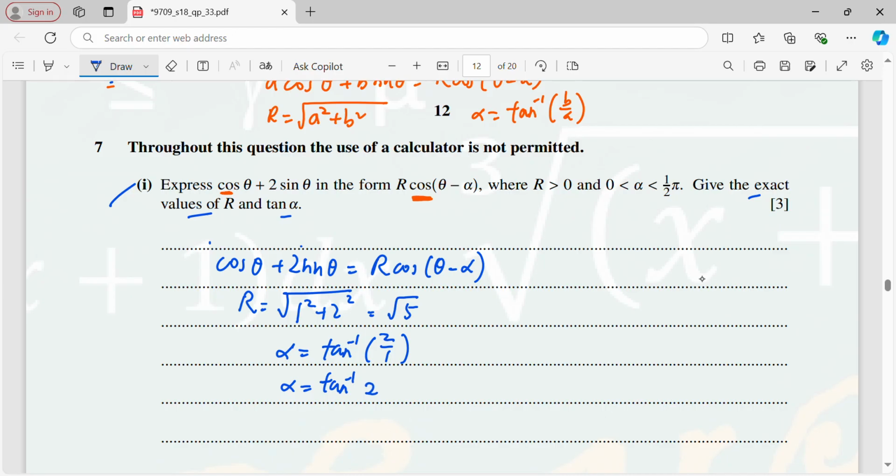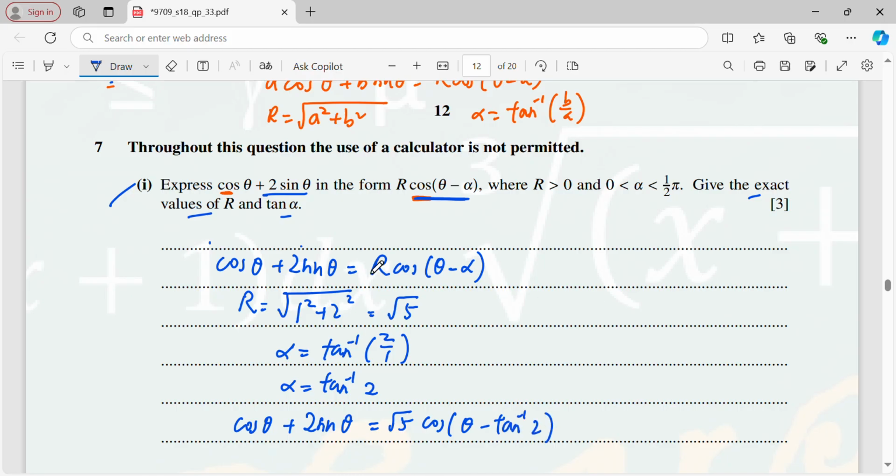And now firstly you have to express this as r cos(theta minus alpha). That means now I need to find out what my alpha is first. So here I will just write, cos theta plus 2 sin theta equals square root 5 cos(theta minus arctangent 2).